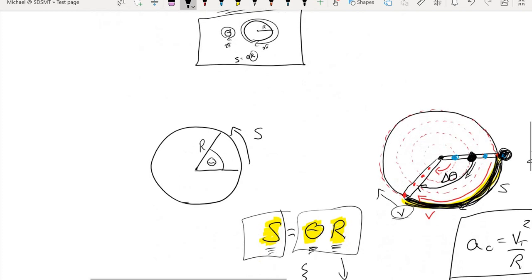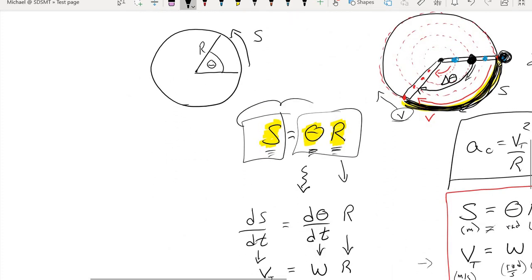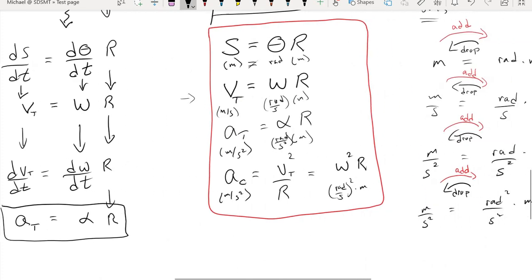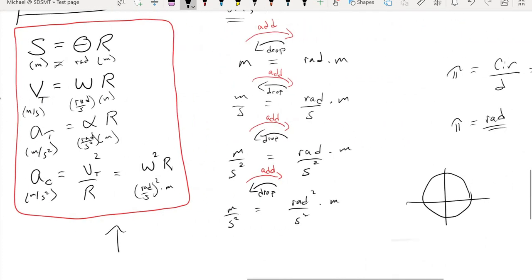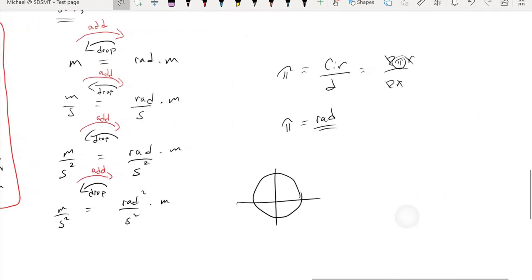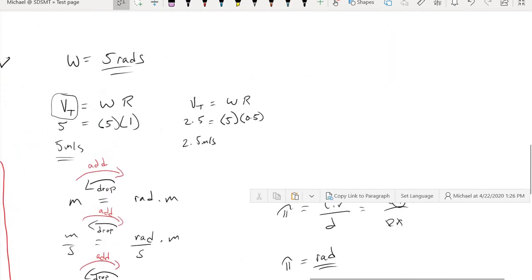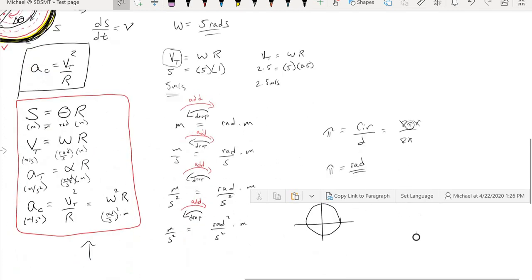We've also taken our knowledge of geometry with arc length, and we've come up with a very useful system that allows us to convert back and forth between the physical and angular values in a system.